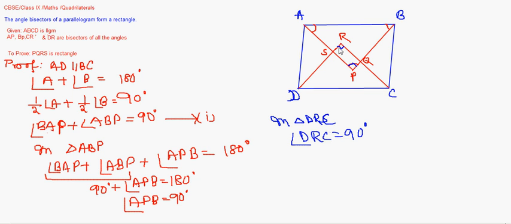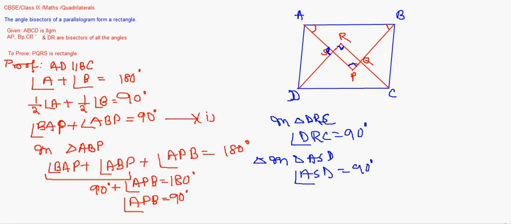Now these two are 90 degrees. We now take one of these, triangle ASD. With the same process you will be able to prove angle ASD to be 90 degrees, taking the angle sum property of a triangle and the angle bisectors.